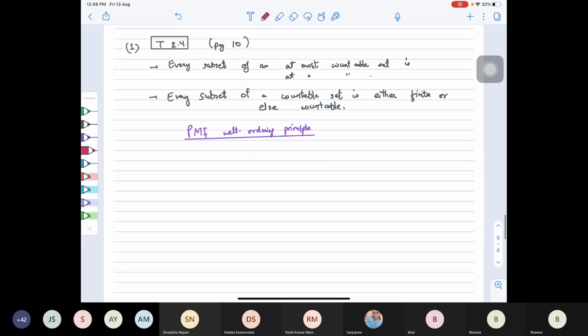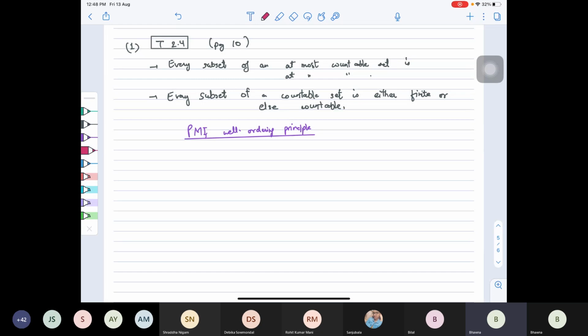A point I want to make is that suppose I have x equal to N. Now obviously this is countable. If I take y, a subset of x, with y equal to 2n such that n is in N, that means 2, 4, 6, and so on, then again this is countable.